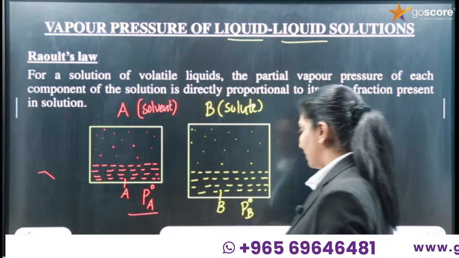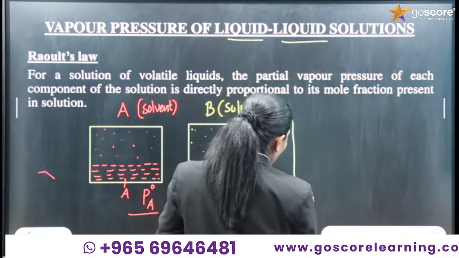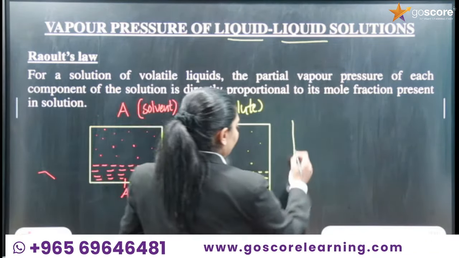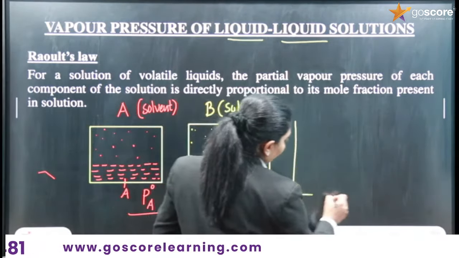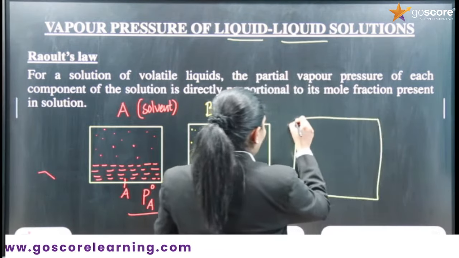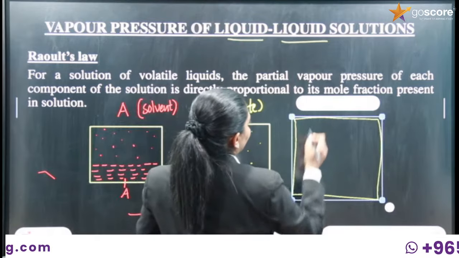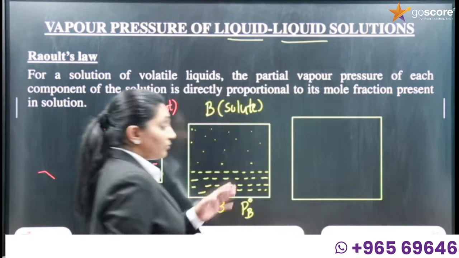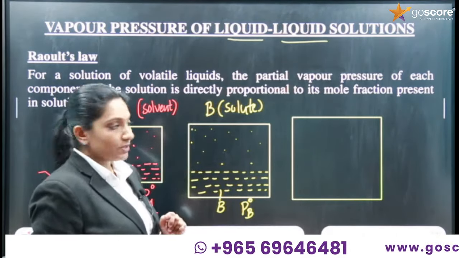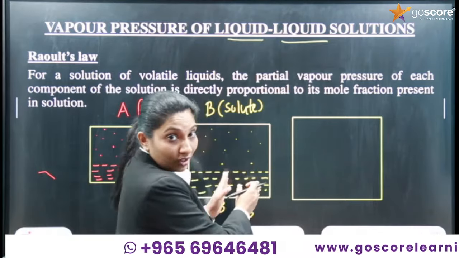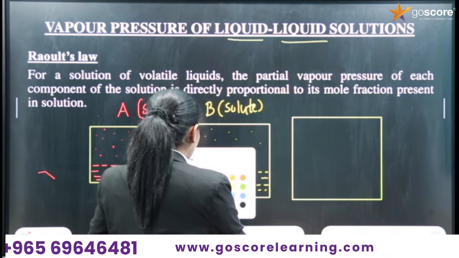In the third case, we are taking again a third closed container with the same temperature. Here what we are doing is mixing both this A and B together. These two are pure components, and we are mixing them, so the third one will be a solution, right?